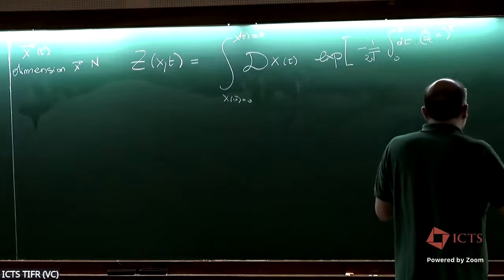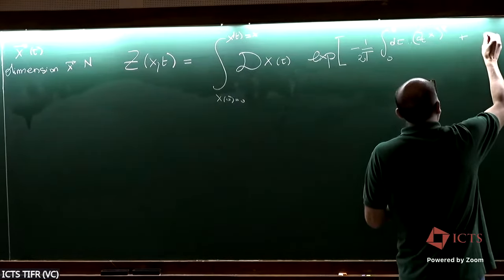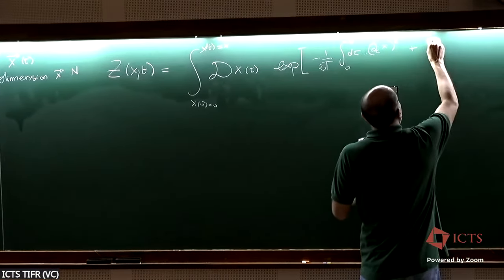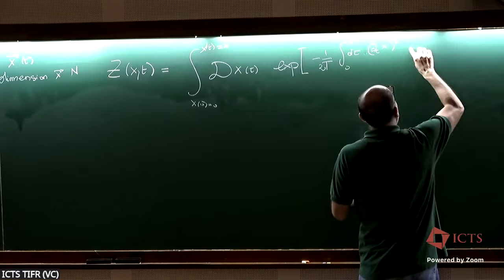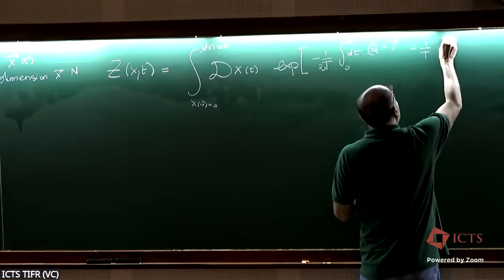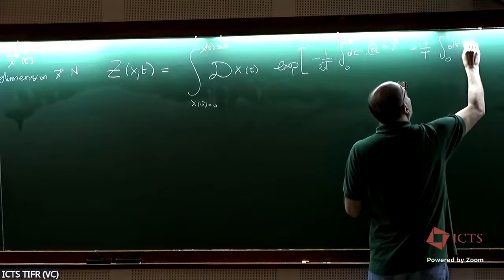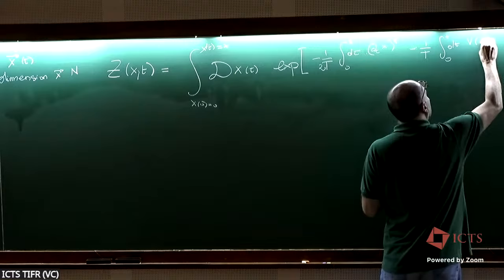And then the second term is always the same integral, but it is better to write it like this: minus 1 over t, integral dtau from 0 to t, and this is the term of the disorder.